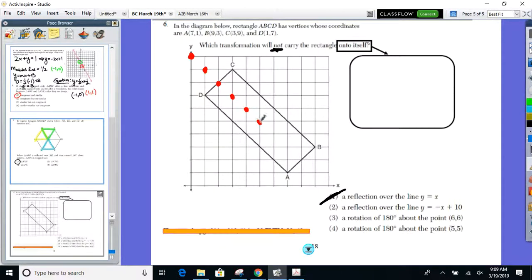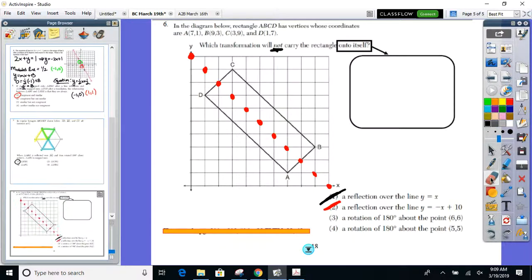Everyone's starting to see this line here? What do you think there? If I take A and reflect it over that line, where's it going to end up? B. If I take C, it's going to end up at D. So am I changing the size, shape, or position of this rectangle? Absolutely not. All right. We'll get there sooner or later, right?